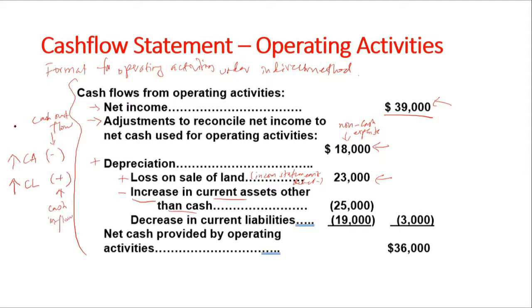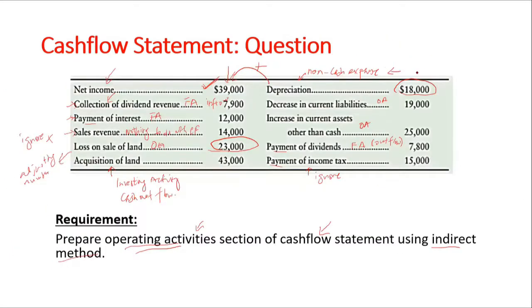So this is the rule that we basically follow. Similarly, if there's a decrease in current asset, you will add, and if there's a decrease in current liability, then you would subtract. So if there's an increase in current asset, you will deduct this from operating activities, which is minus 25,000. Again, this number has been provided to us.